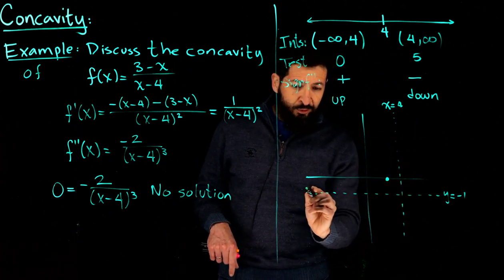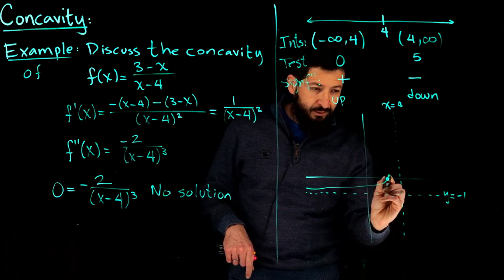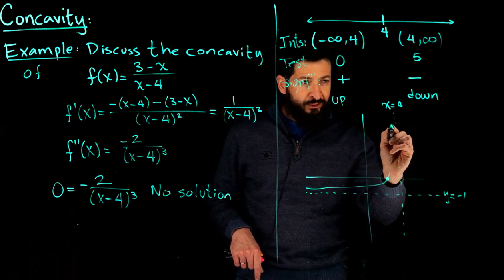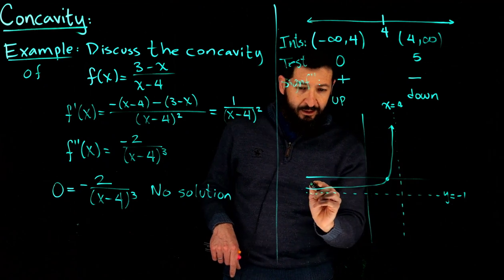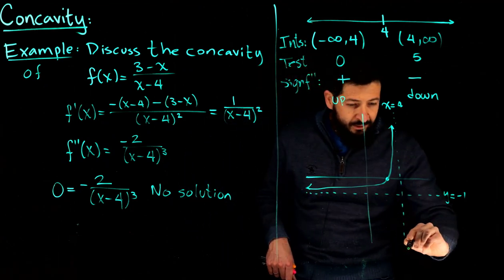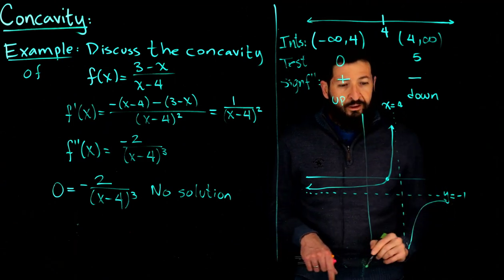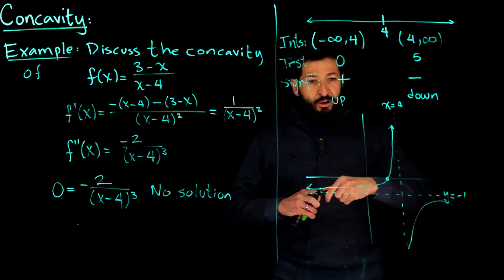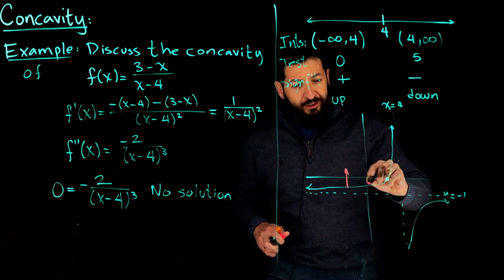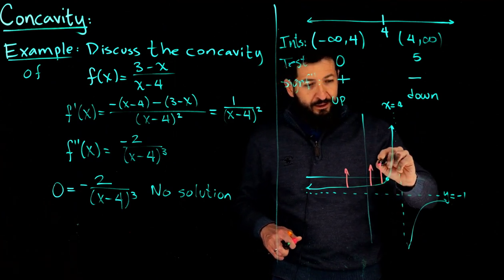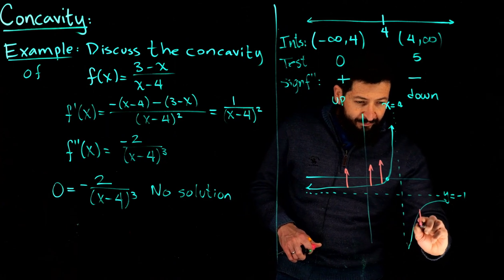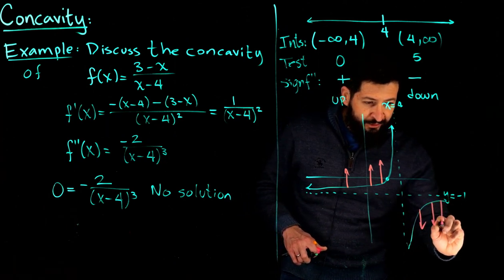And the graph will do something like this. You have a vertical asymptote there. And then you have a vertical asymptote here. And you see you have concave up, as it was predicted by our table. And you have concave down, as we had computed there.